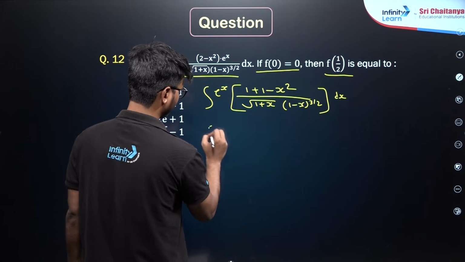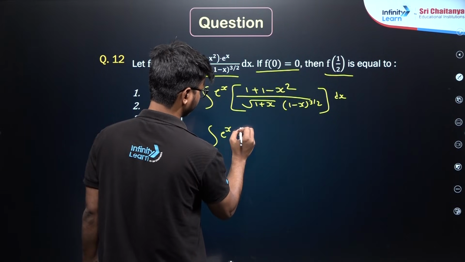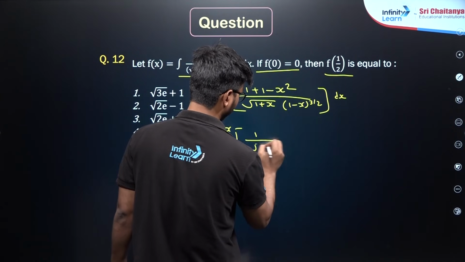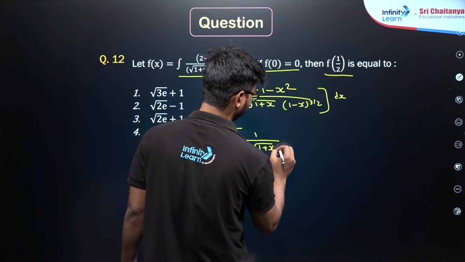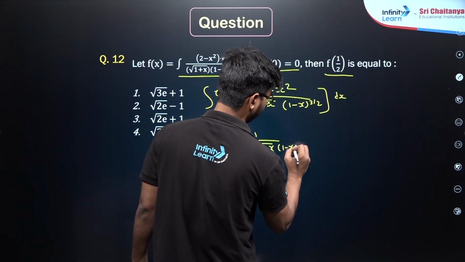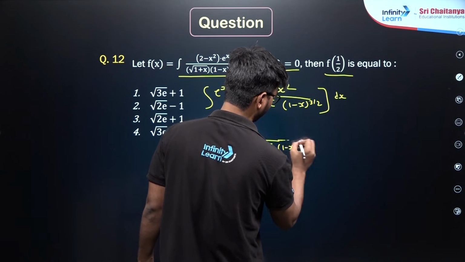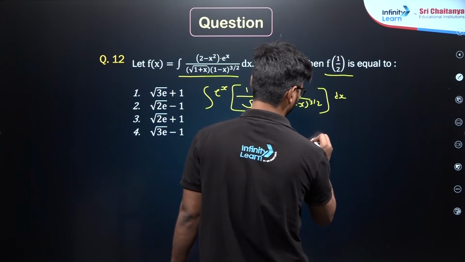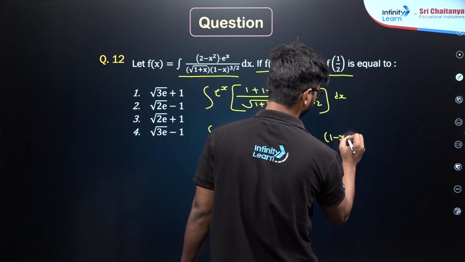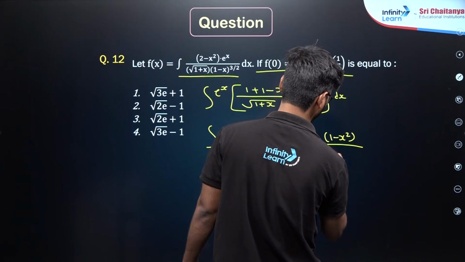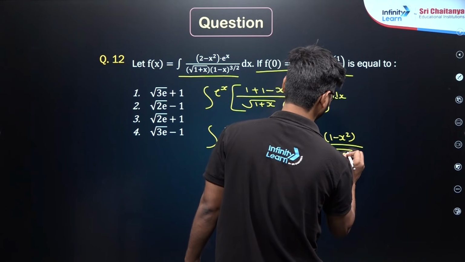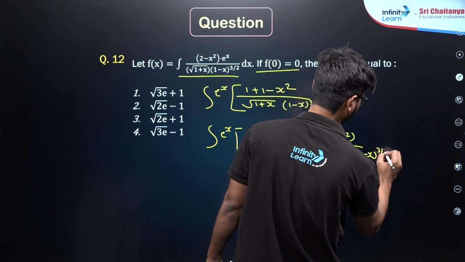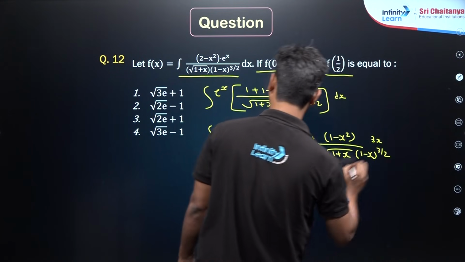Further, I can write this as e to the power x, 1 upon under root of 1 plus x, 1 minus x to the power 3 by 2, plus 1 minus x square upon 1 plus x, 1 minus x to the power 3 by 2, dx.